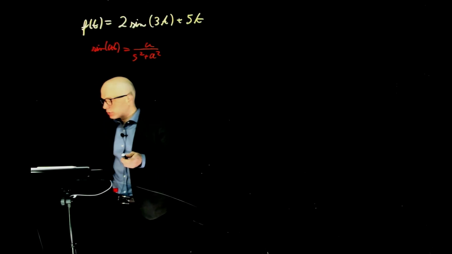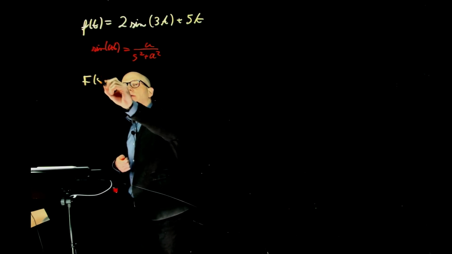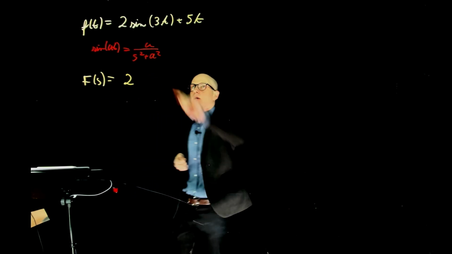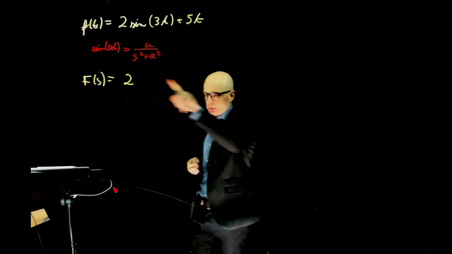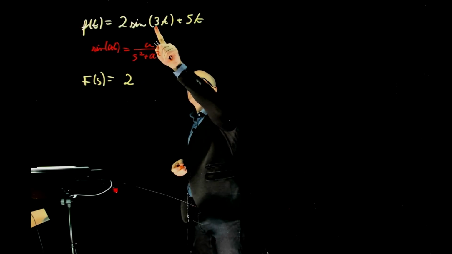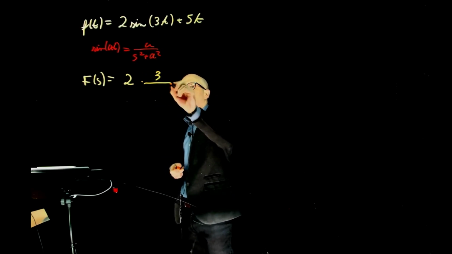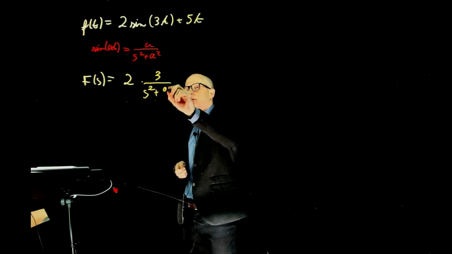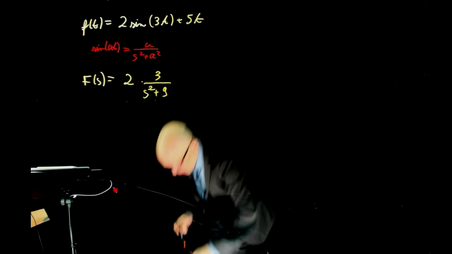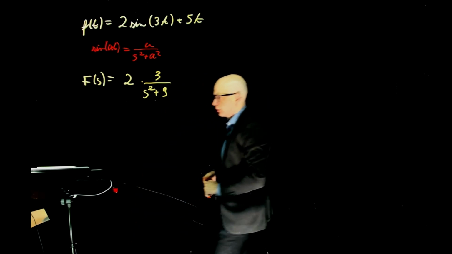So what is the Laplace transform of this function? Well, f of t becomes f of s. 2 is 2, that doesn't change, it's a constant. Now sine of 3t becomes this, so what should I write here? A is 3, so this becomes 3 over s squared plus 9. Okay.